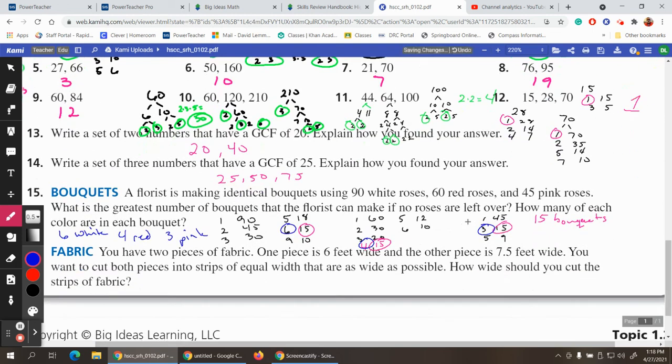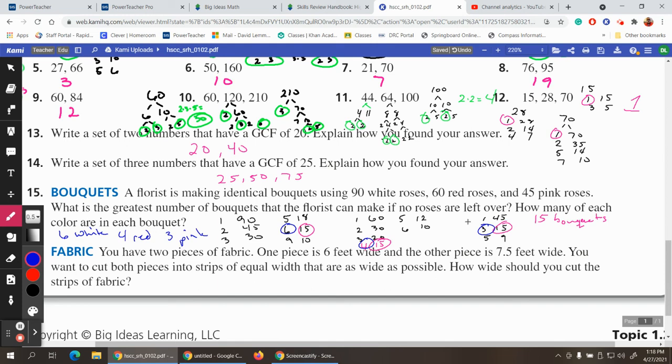All right, last one. 2 pieces of fabric. One piece is 6 feet wide. The other piece is 7.5 feet wide. You have to cut those strips into equal strips as wide as possible. How wide would you have to cut the fabric?